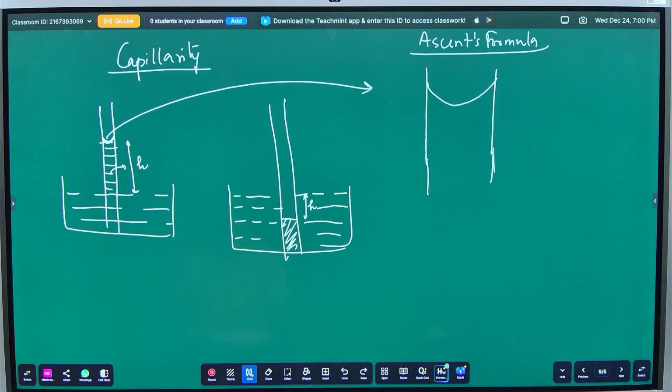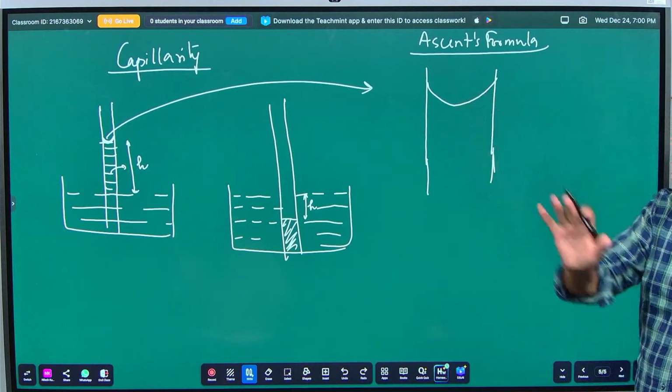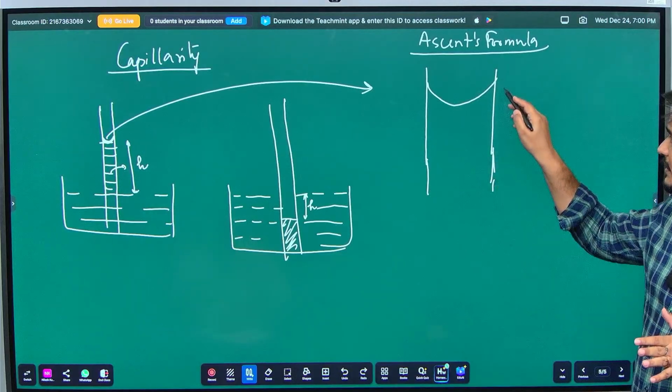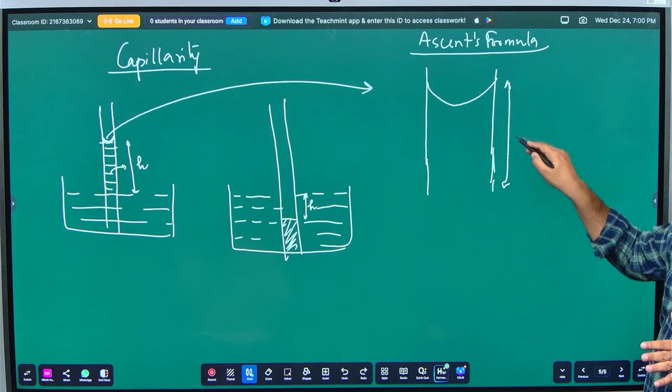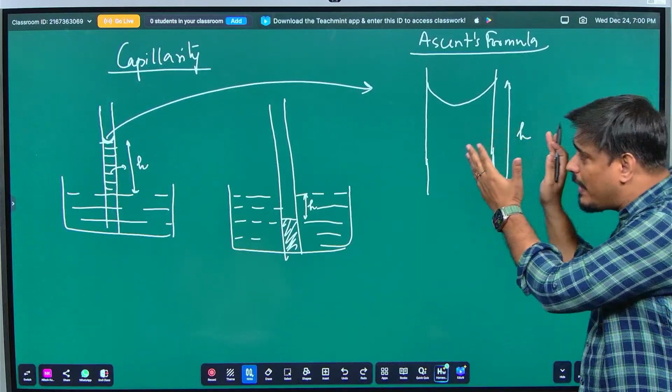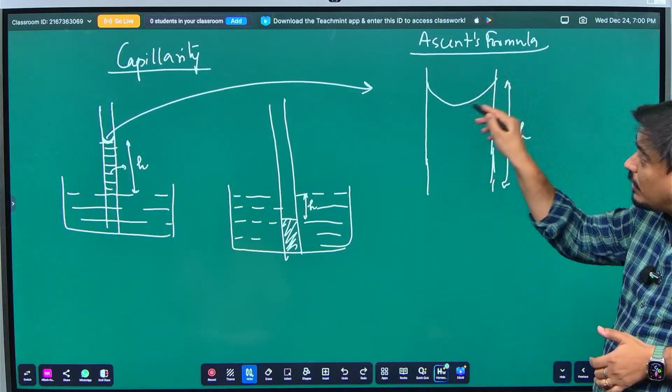Okay. So in the ascent formula, we are going to find the capillary rise. Now please pay attention. I am drawing like this; the height is the capillary rise h. If you see, the more narrow the tube is, the more curved the surface will be.